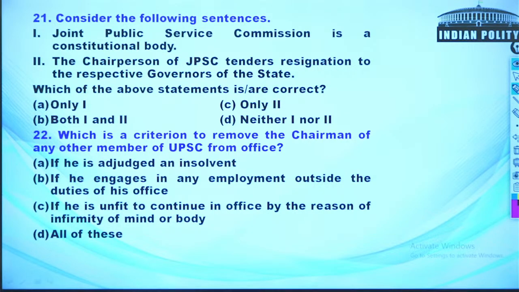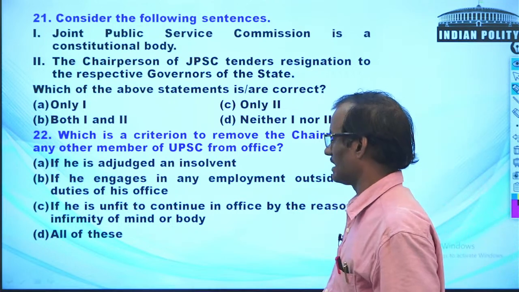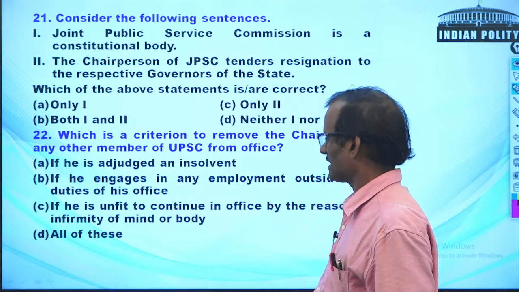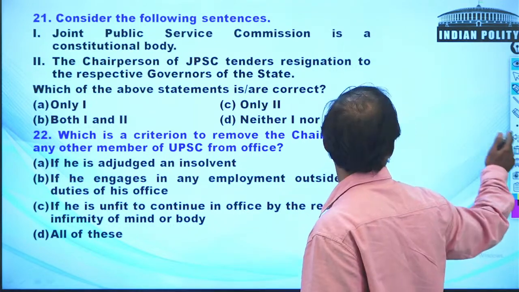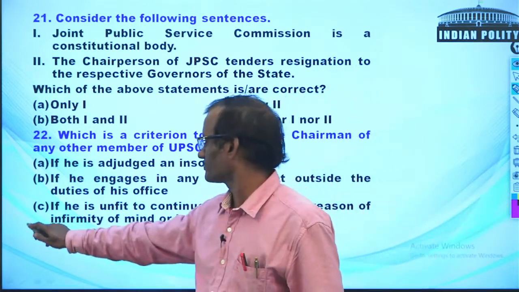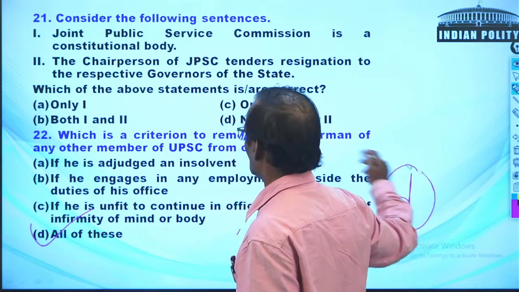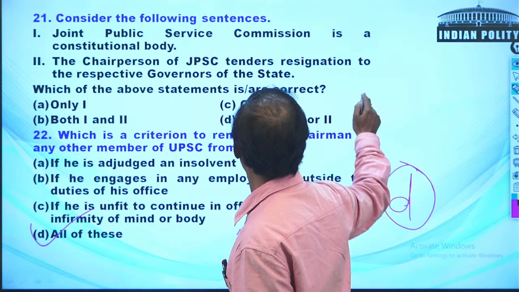So all of these are the grounds of his removal, or the president can remove him on these specific grounds, and if he is declared unfit, unsound mind also, that can also come under option C. So option D will be correct. Option D, and here is D also.